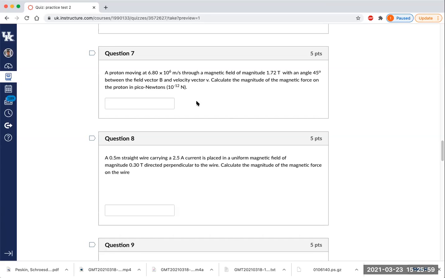Well, this is a job for our equation that describes the magnetic force on a moving charged particle. So it depends on the charge, it depends on the velocity, it depends on the magnetic field that moving charged particle is moving through, and it depends on the angle between the two vectors involved, the velocity vector and the magnetic field vector.